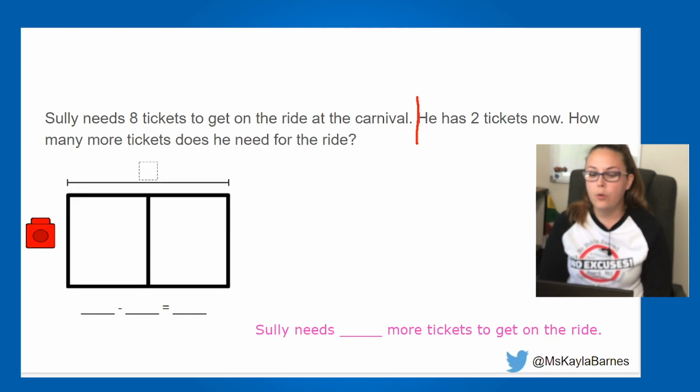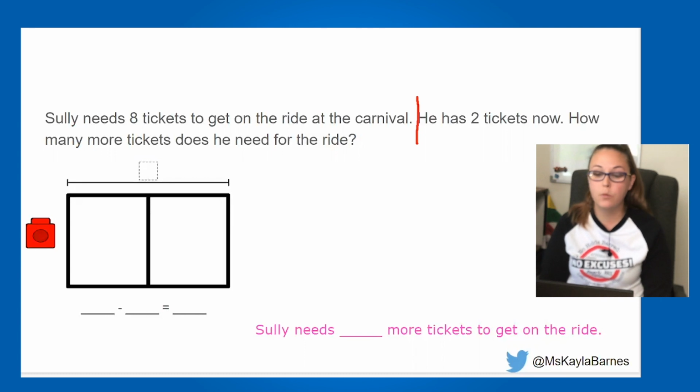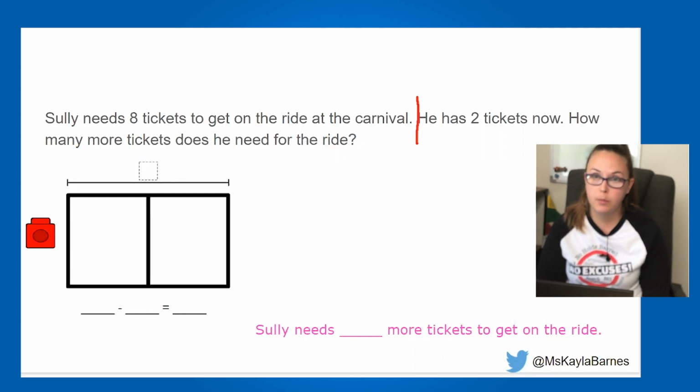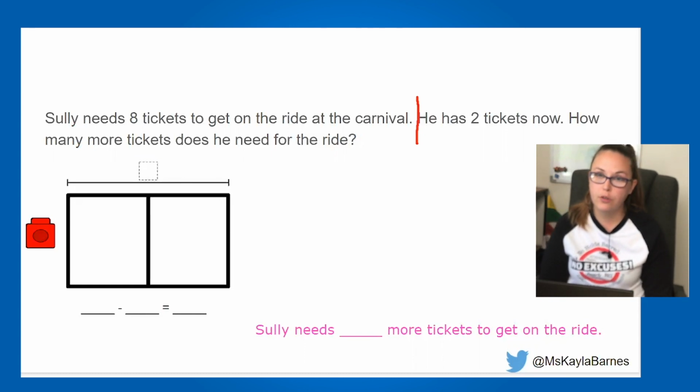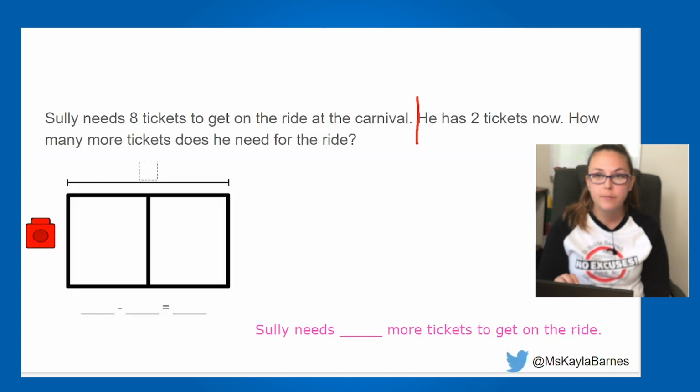So we know that in a number sentence, there are at least 3 numbers. In our case, there will be 3 numbers. We'll have 2 add-ins and a sum, or we will have 3 numbers that we put into a subtraction problem. We also know that subtraction problems start with the total number of objects that we have. Does 8 reflect the total number of objects that we have?